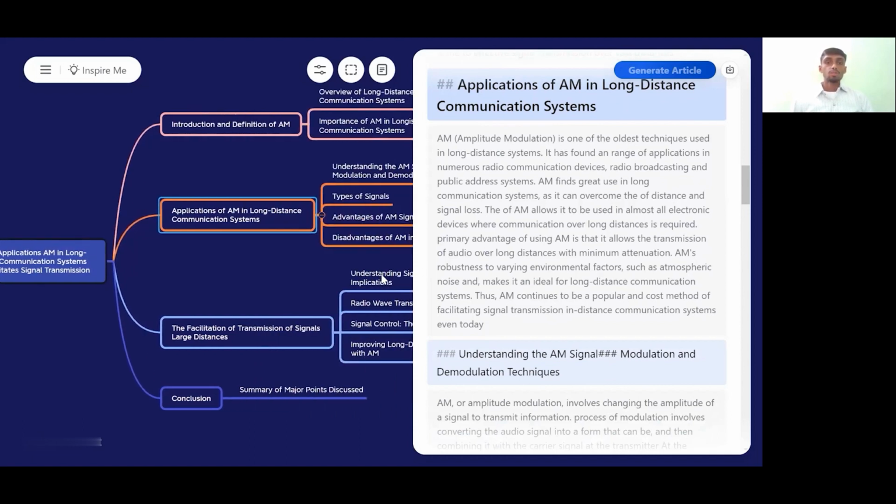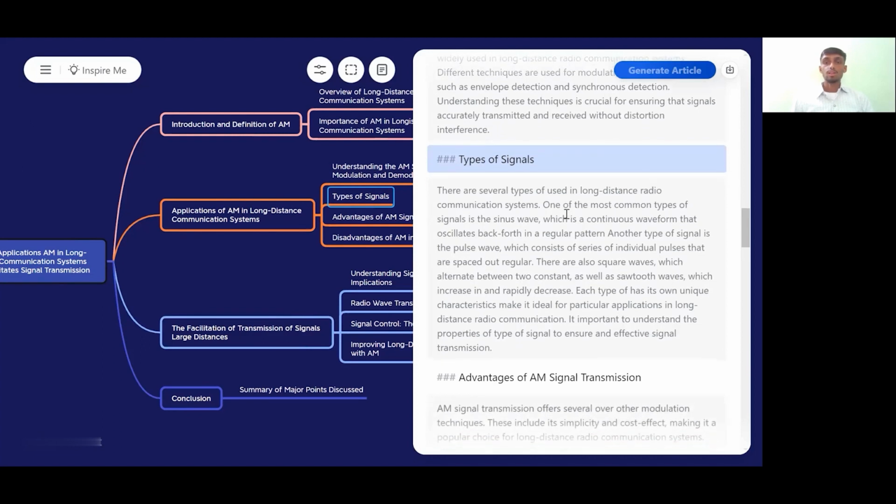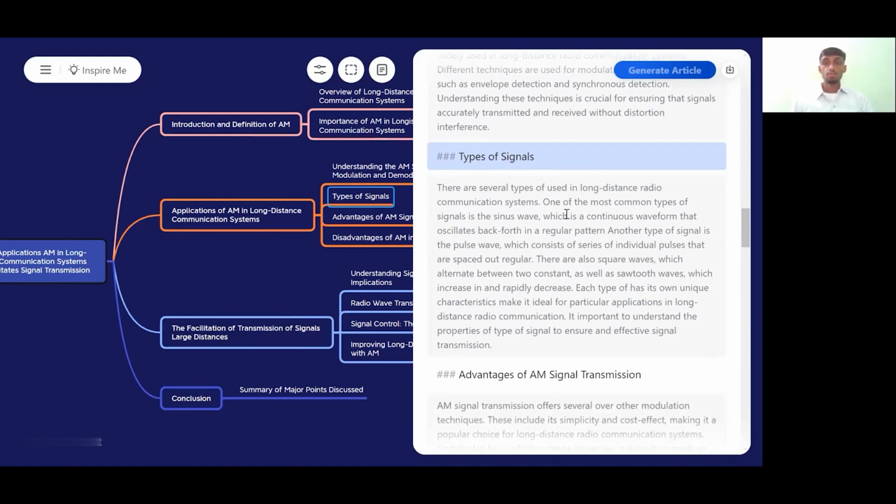Next, I am going to explain the types of signals under the applications of AM. There are several types used in long distance radio communication systems. One of the most common types of signals is the sine wave, which is a continuous wave that oscillates back and forth in a regular pattern. Another type is the pulse wave, which consists of a series of individual pulses that are spaced out regularly.